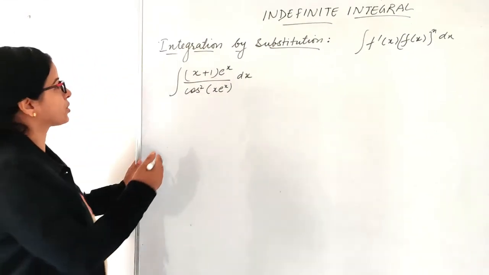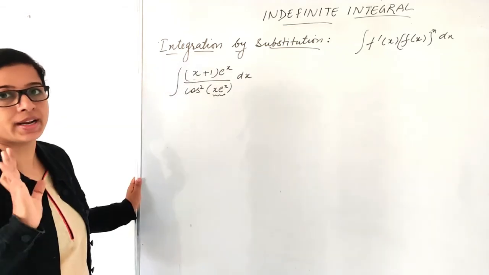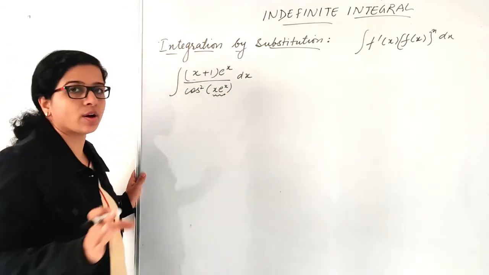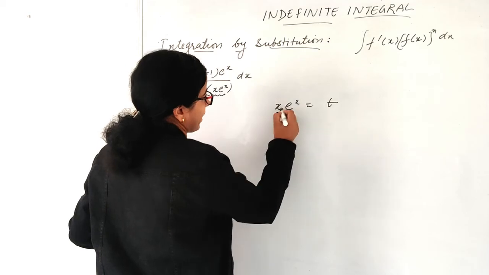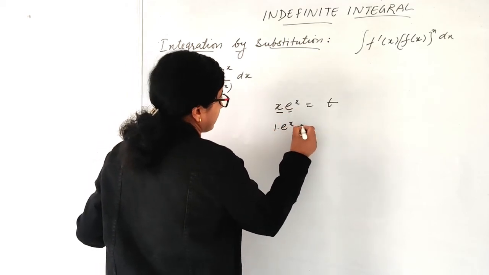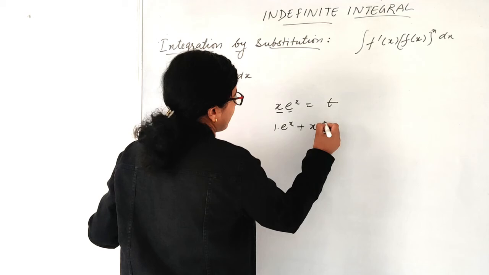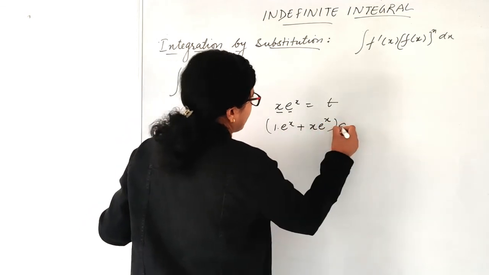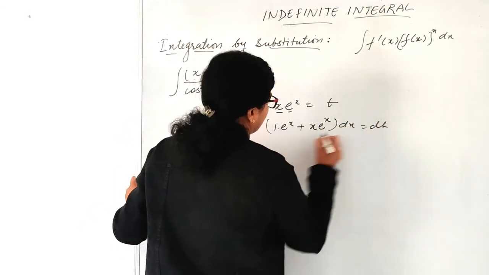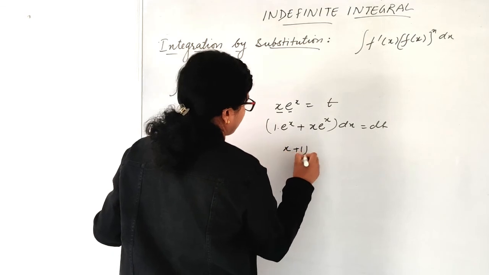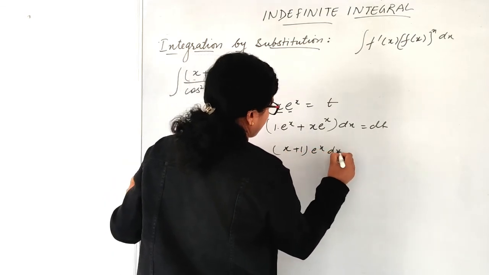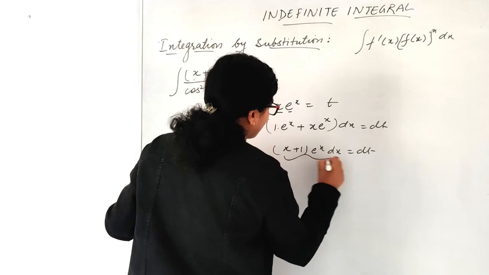Let us check out this question now. x into e raised to the power x, the derivative can be this thing. So we'll check out. Product rule we'll use, right? Derivative of e raised to the power x, e^x dx is equal to dt. Right? See, we got it.